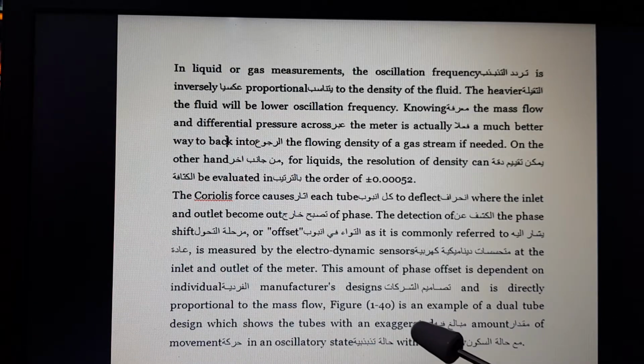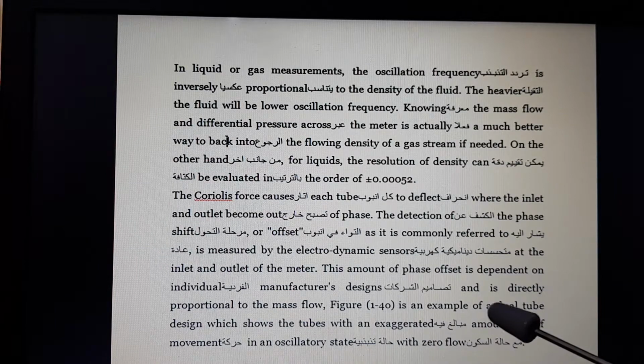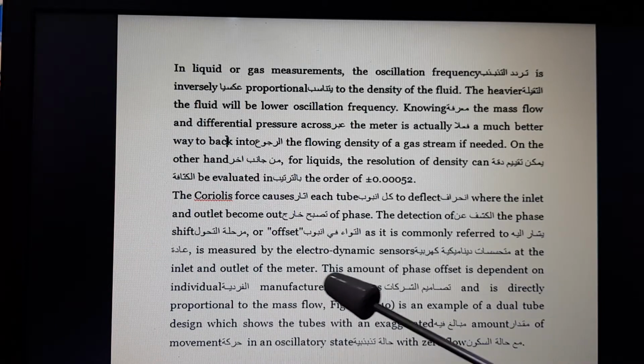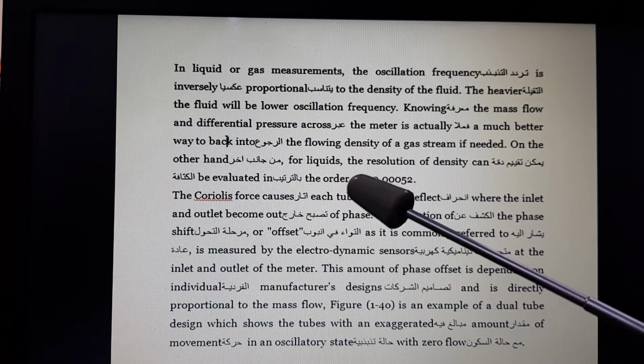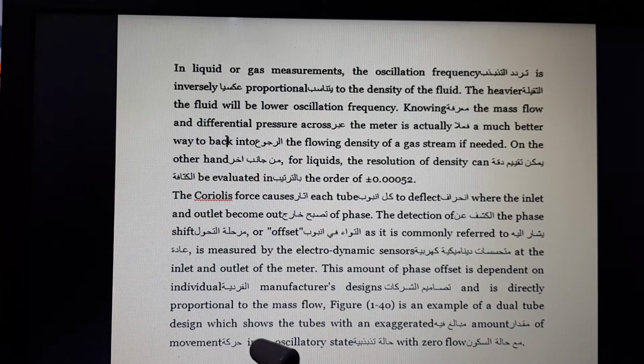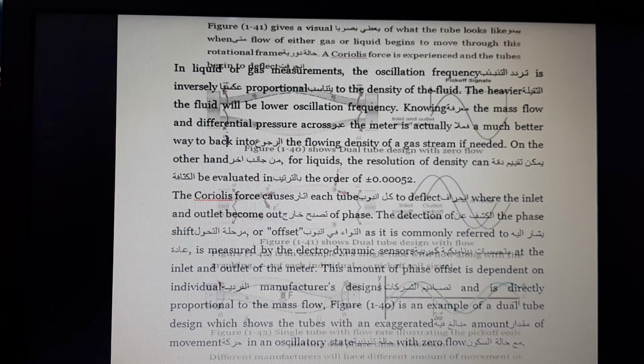Figure 41-40 is an example of a dual tube design, which shows the tube with an excited amount of movement in an oscillatory state with zero flow.